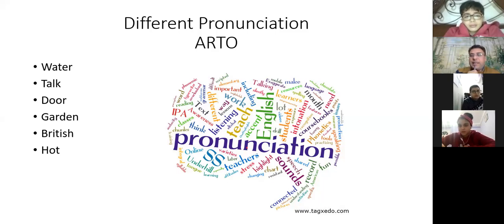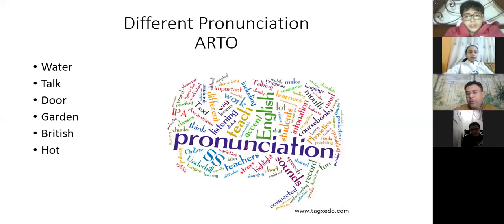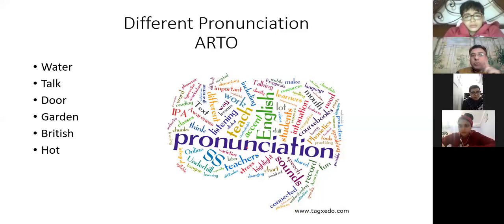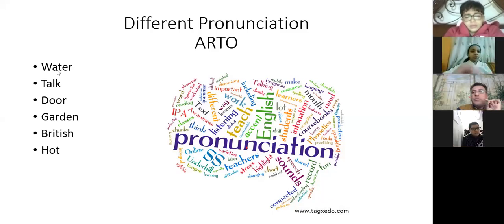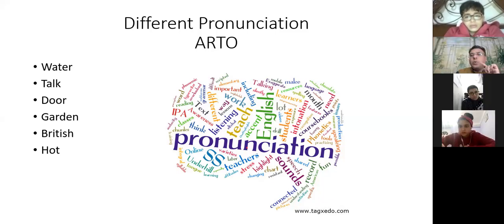What else? It's about R. R in British is not pronounced at the end of the word. For example, it's not water with R, it's water without R. In British, don't pronounce R in the final position of the word.